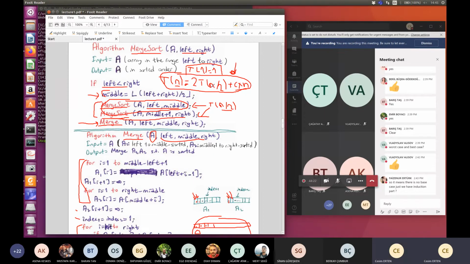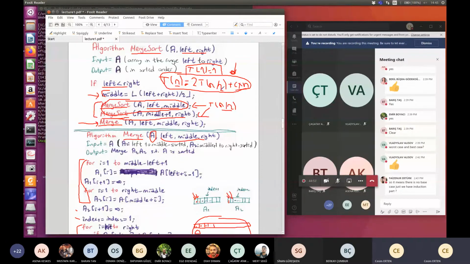Because just by looking at this, we cannot say whether T of n is theta n cube or n to the fourth or 2 to the n or n square or simply n, right? So we need to basically solve this recurrence relation. We need to find a way to describe this T of n in closed form formula so that we can claim T of n is, for instance, n cube or n to the fourth or something else.